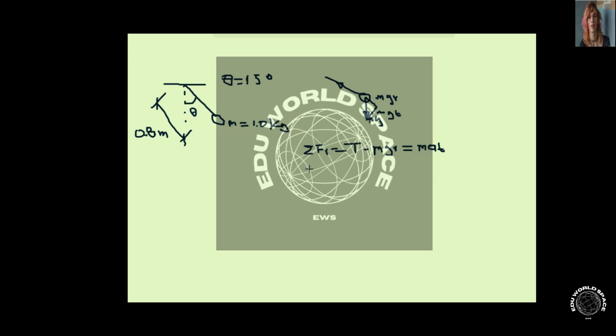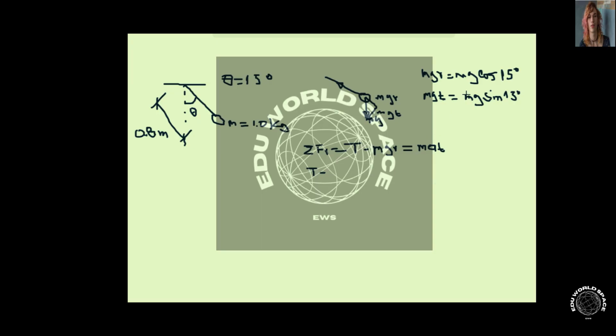So we have T minus mgr, and by trigonometry we know that mgr is equal to mg cosine 15 degrees, and mg tangential is equal to mg sine 15 degrees.